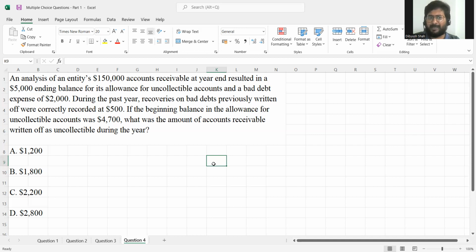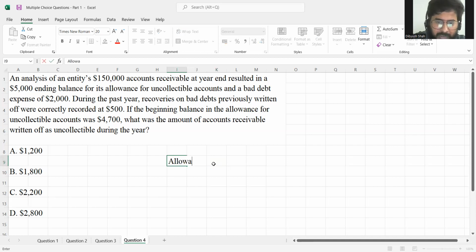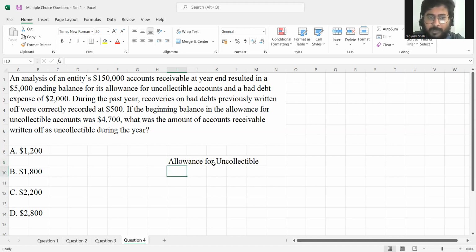If the beginning balance was $4,700, what was the amount of AR written off as uncollectible? So again, they have given us all the information only for the allowance for uncollectible ledger. If I prepare an AR ledger, I will not get the answer. So what is the opening balance in the question?